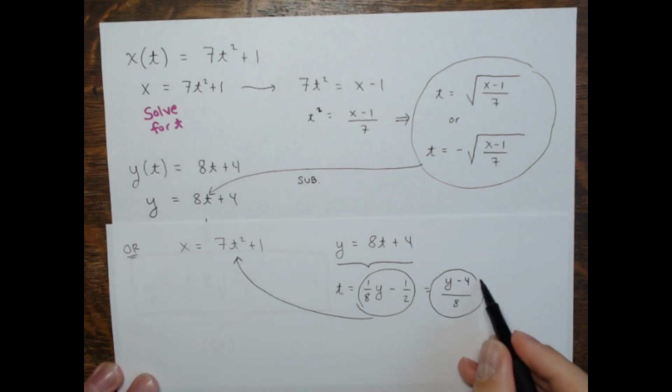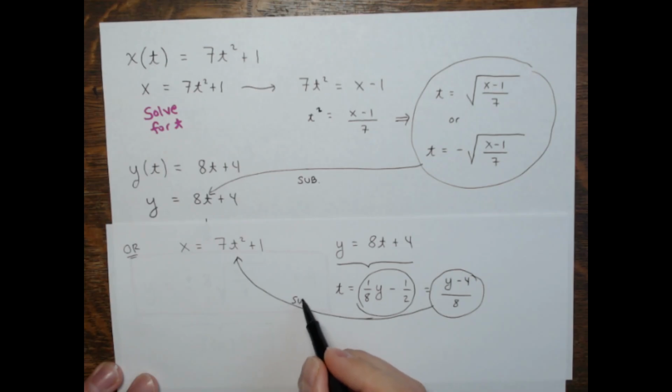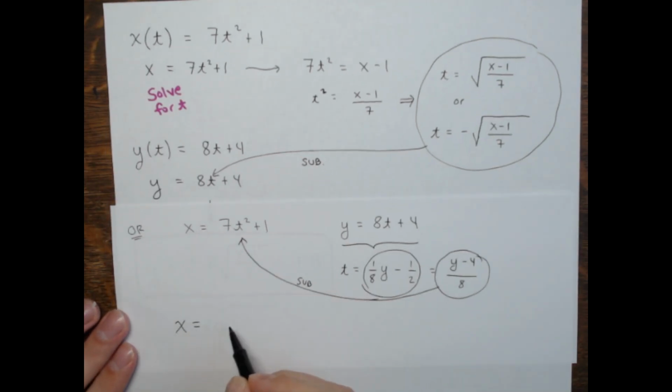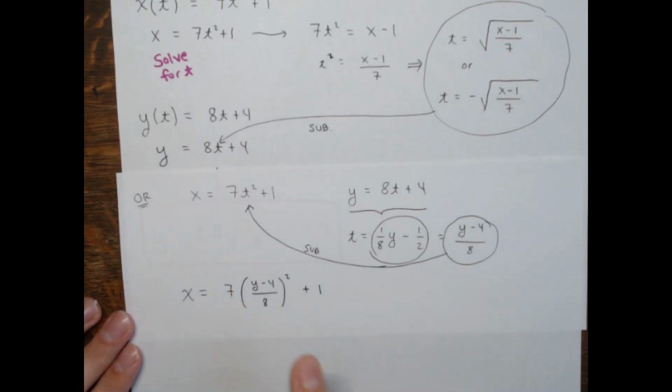Actually, I will do this version. So I'm going to sub this y minus 4 all divided by 8 for t here. We get x equals 7 times, and then t is being replaced by just an expression with y here, y minus 4 all divided by 8 squared, and then plus 1 afterwards.